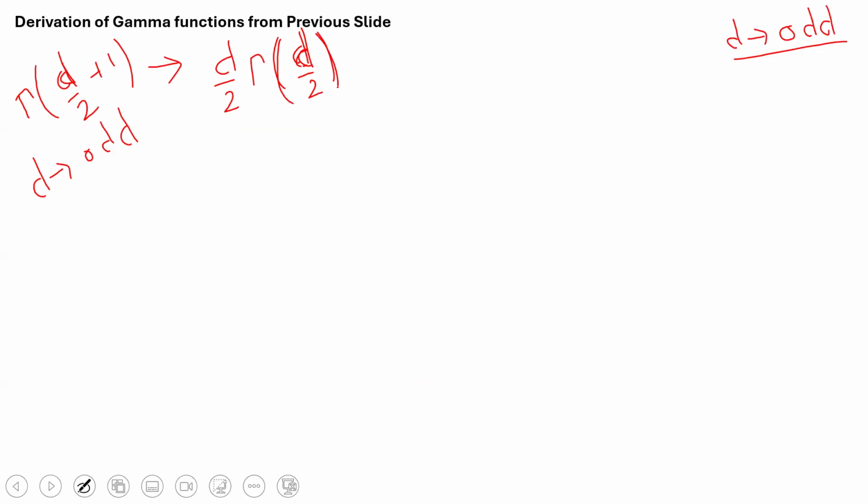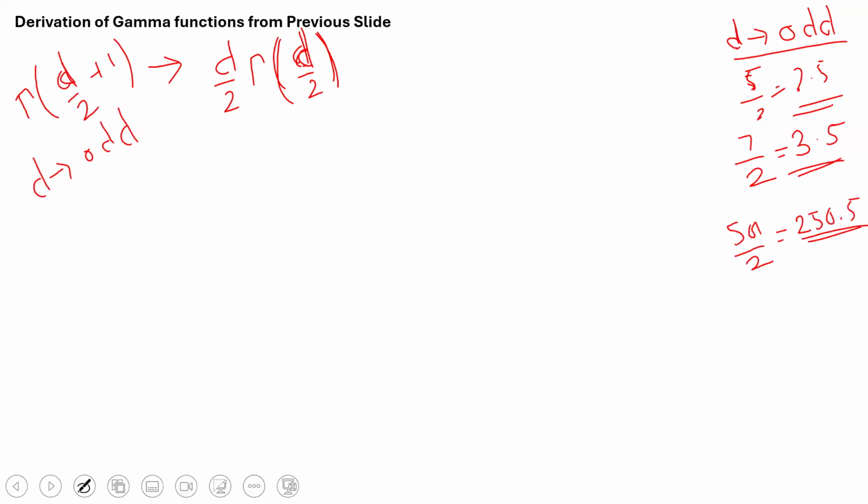For example, if d is odd, 5 by 2 becomes 2.5, 7 by 2 becomes 3.5, and 1 by 2 becomes 0.5.